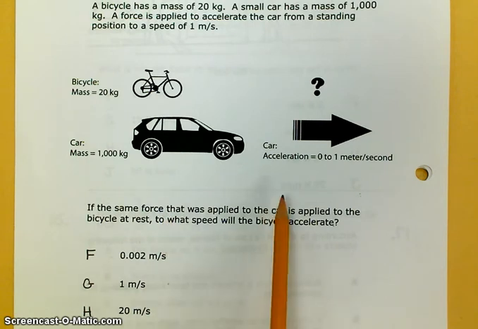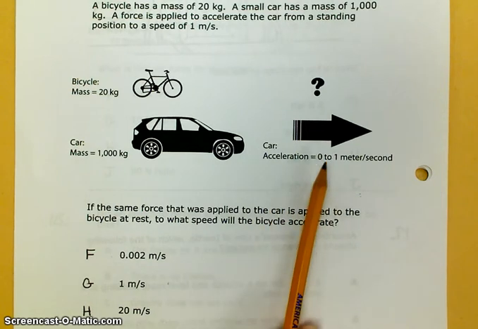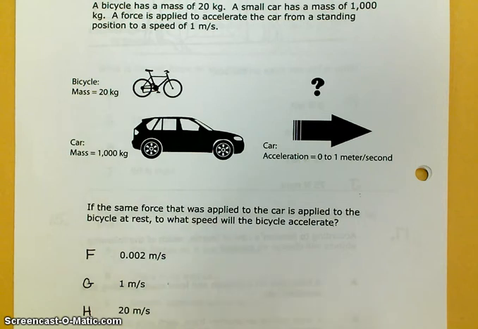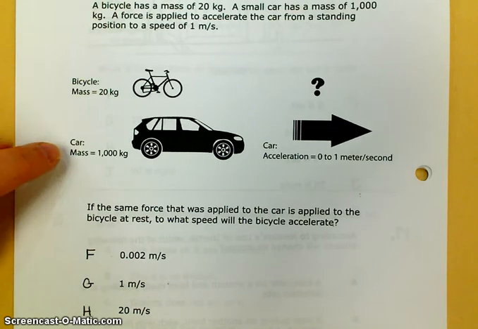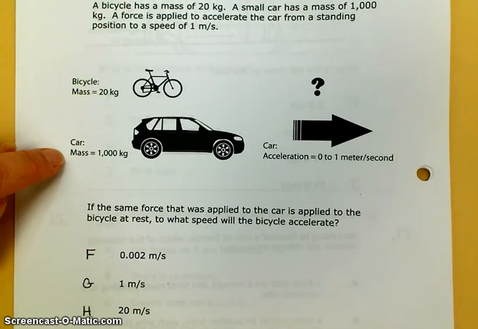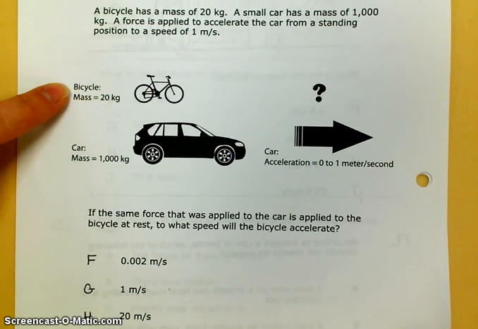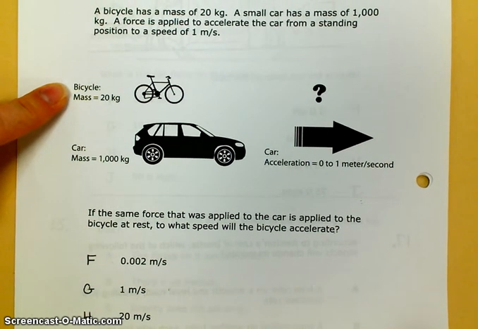If we apply the same force in both cases, so an acceleration of 1 times a mass of 1,000, force is equal to mass times acceleration. 1,000 times 1 gives us a force of 1,000 newtons. So if the force on the car is 1,000 newtons, and we're going to use the same force for both, then the force on the bicycle is 1,000 newtons also.